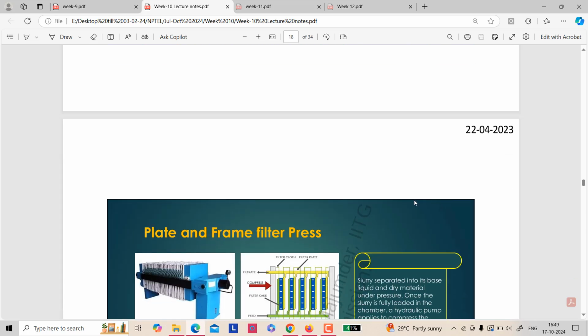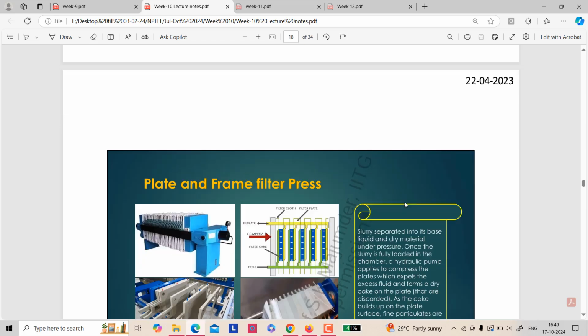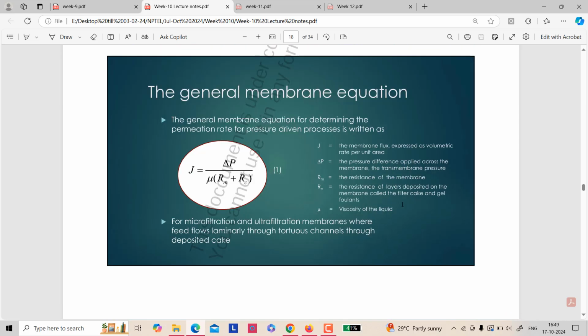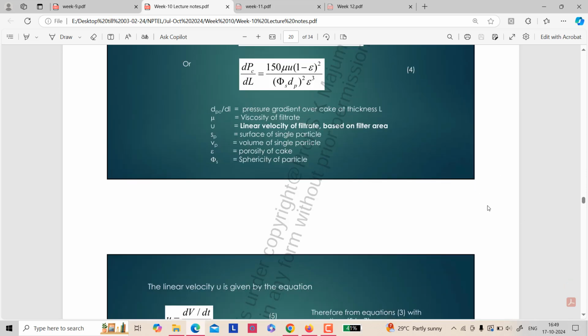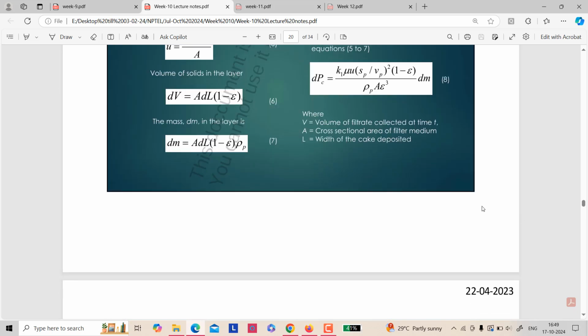Next is the plate and frame filter. This is the Kozeny-Carman equation for pressure drop applied across the filter.